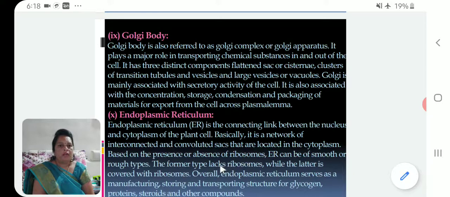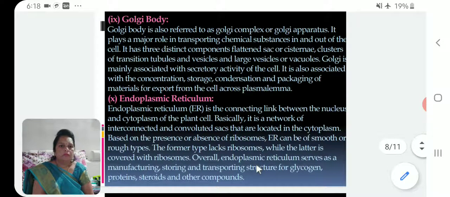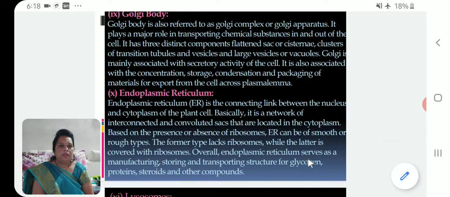In the smooth endoplasmic reticulum there is an absence of ribosomes, and in the rough there is presence of ribosomes. The endoplasmic reticulum serves as a manufacturing, storing and transporting structure for glycogen, proteins, steroids and other components.